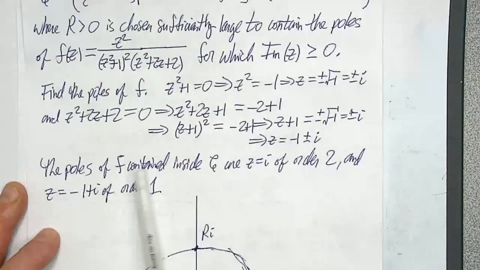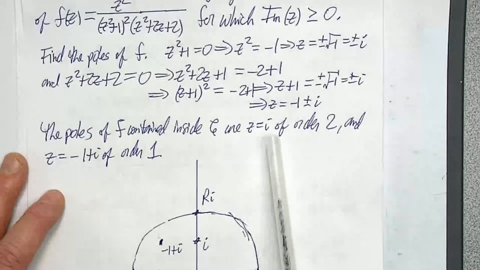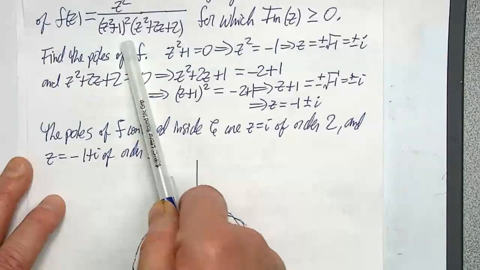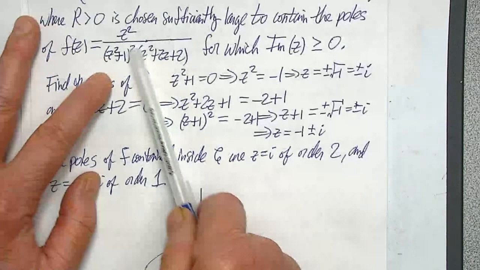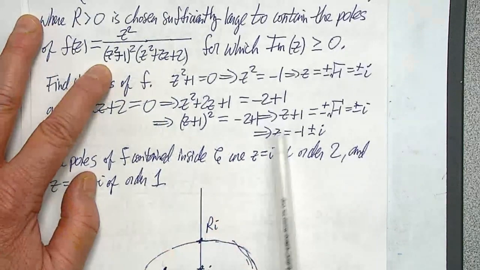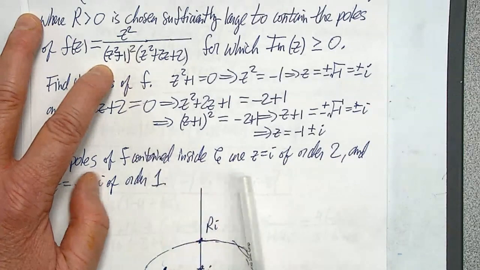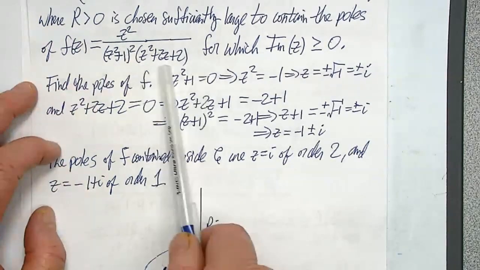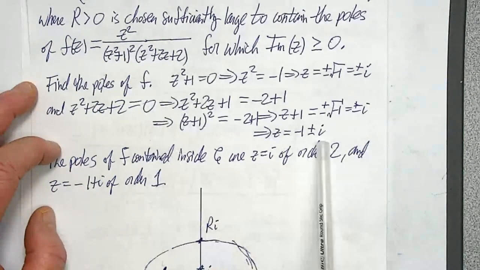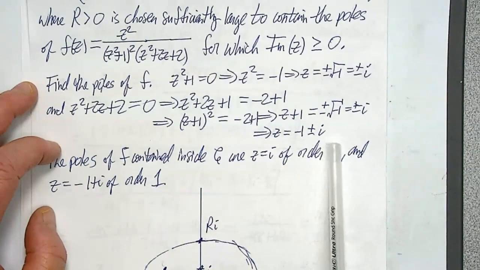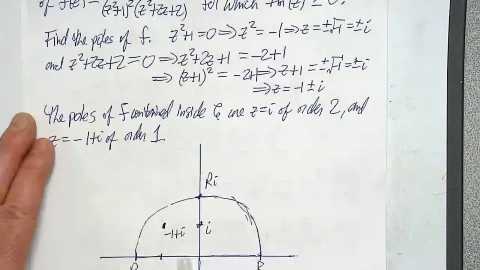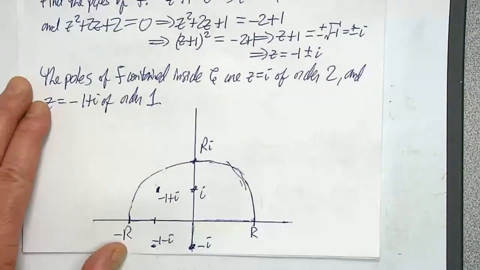The poles of f contained inside C are z equals i, which is of order 2 because the polynomial for which i is a solution is raised to the second power, and then the quadratic has 2 solutions. Only one of them, minus 1 plus i, is within C. You can see that here.